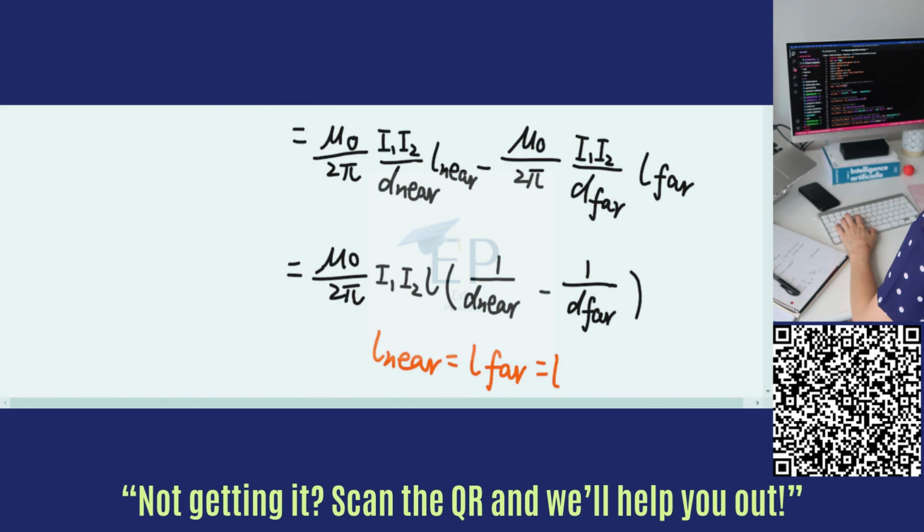If we do some arrangement, we'll have mu 0 over 2 pi times I1 I2 L times 1 over D near minus 1 over D far. Okay, and why we can arrange such equation is because the length of the near side wire is equal to the length of the far side wire.